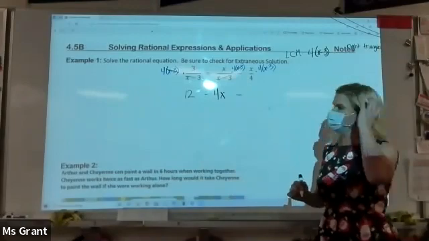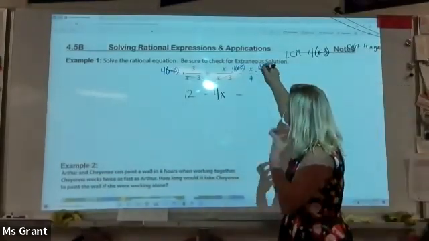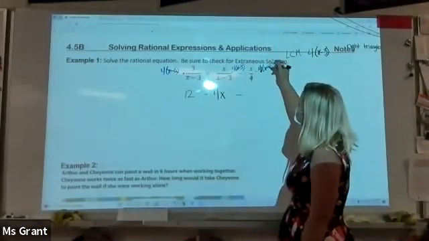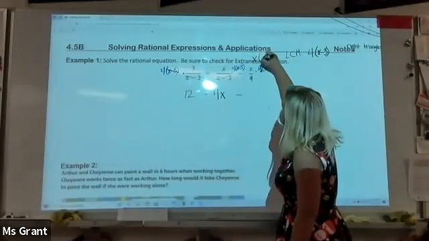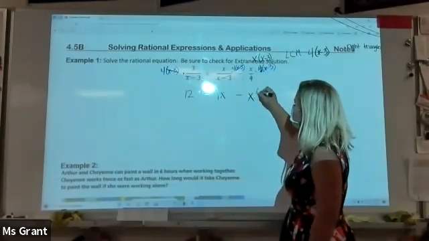Okay, then. These 4s, they can cancel diagonally. X times x minus 3. I need to be really careful with this subtraction sign.